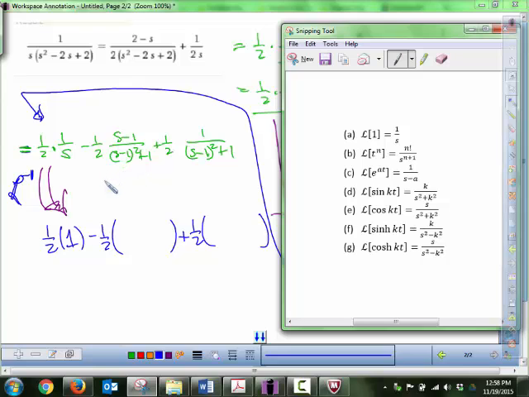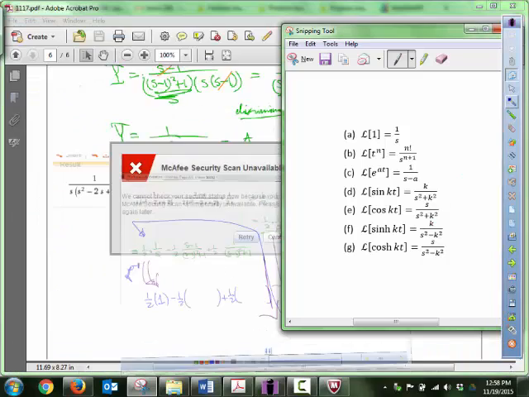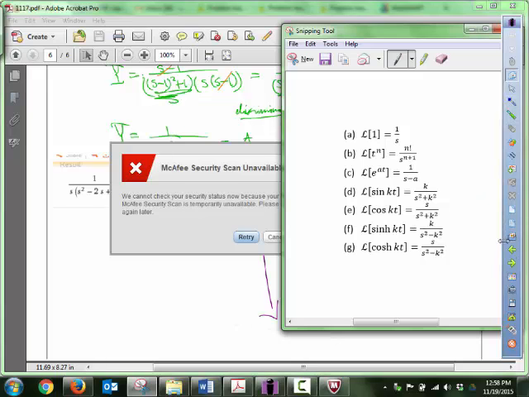Which one is it? Cosine has a variable over the variable squared plus 1. K is equal to 1, right? Why don't we come back.